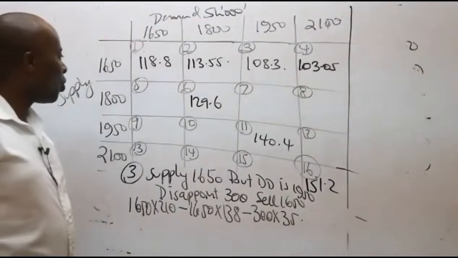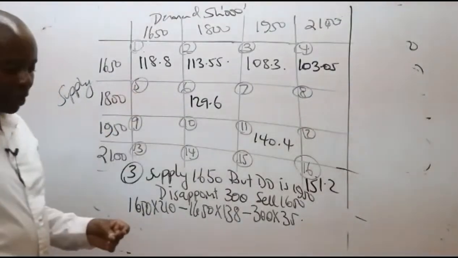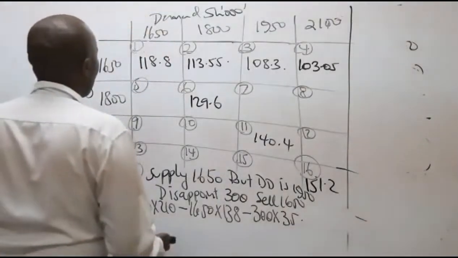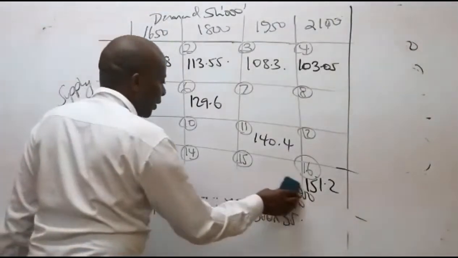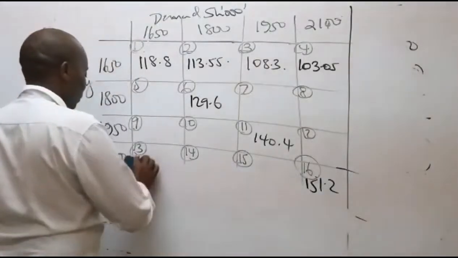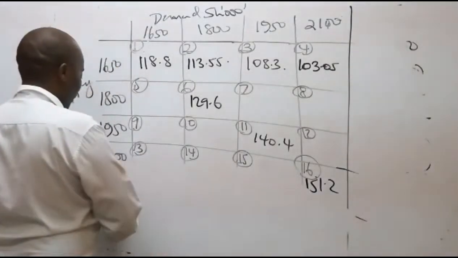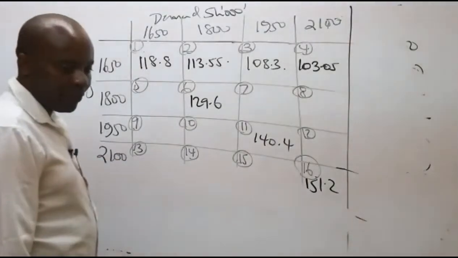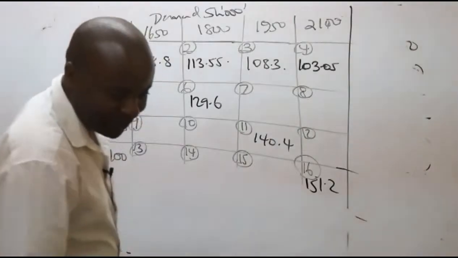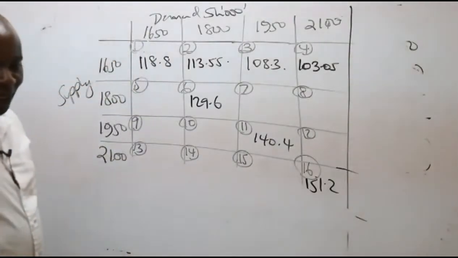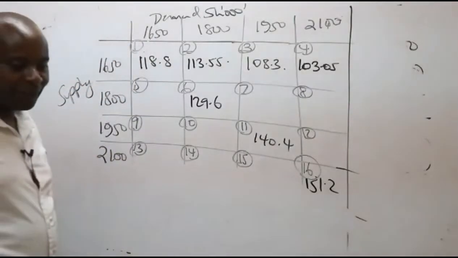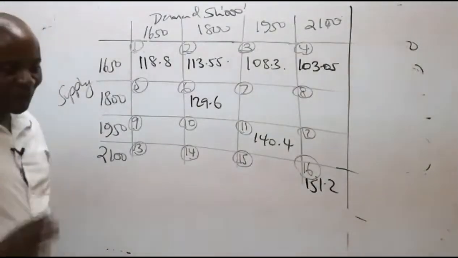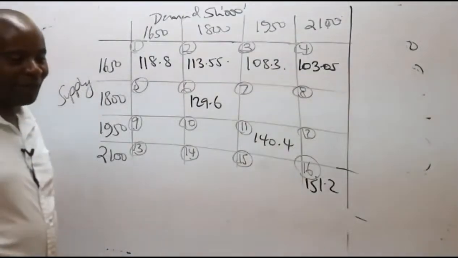So let us go to cell number 5. Let's go to cell number 5. So cell number 5 is quite a tricky one. Cell number 5, already someone has gotten it.